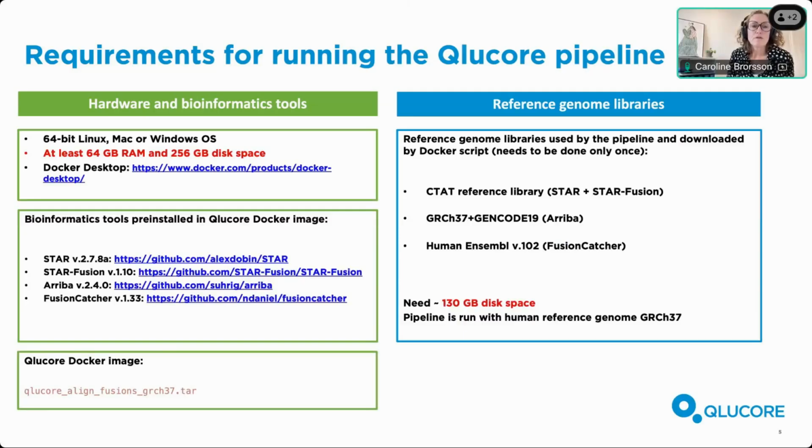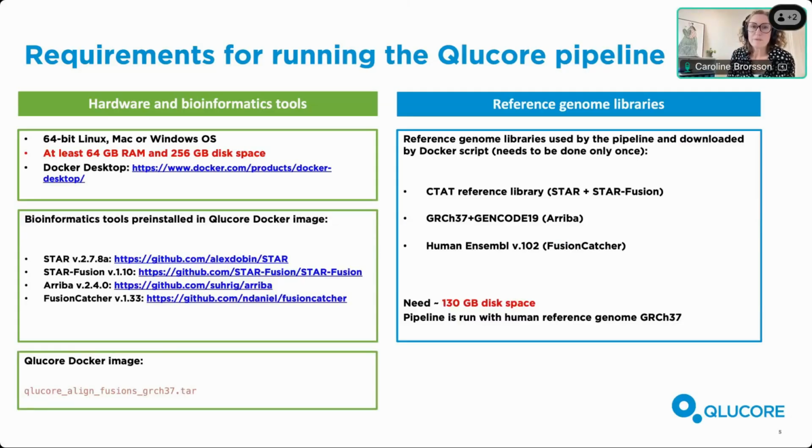We have a few requirements. First of all, you need a 64-bit Linux, Mac, or Windows operating system. Since alignment is quite heavy on memory and disk space, we require at least 64 gigabytes of RAM and 256 gigabytes of free disk space.